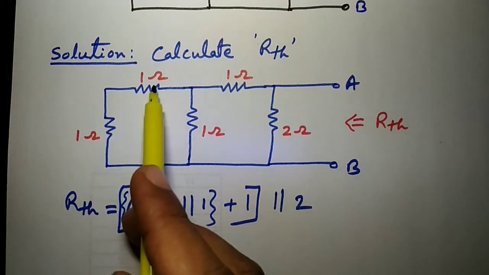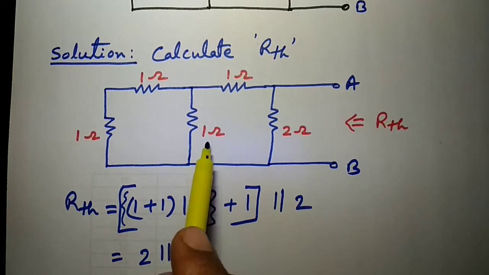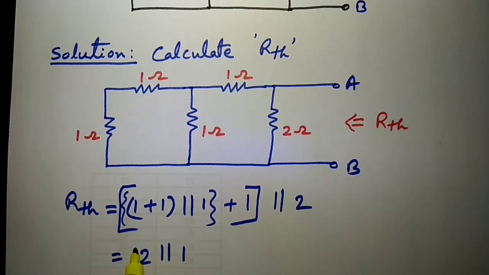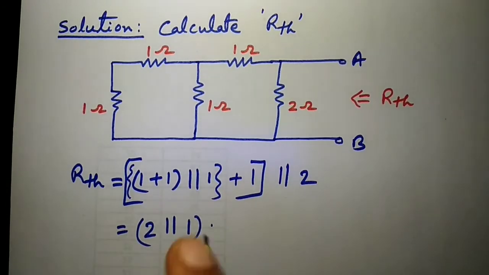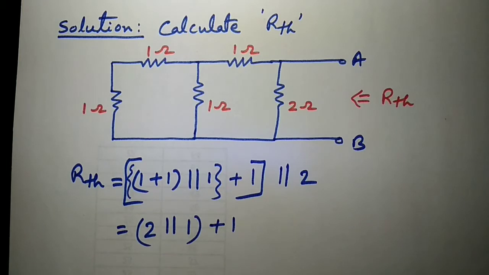So 1 and 1 in series, so it will be 2. 2 will be in parallel with this 1 ohm resistance. Their combination will be in series with this 1 ohm resistance, and then this combination will be in parallel with 2.